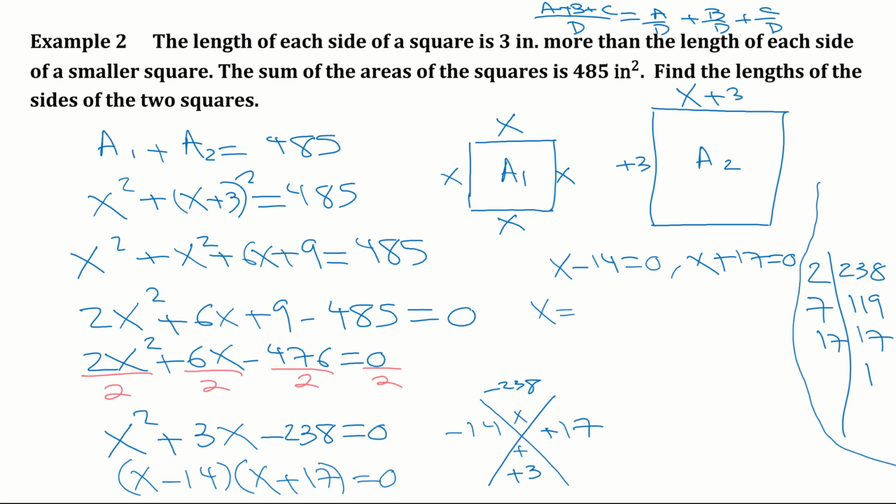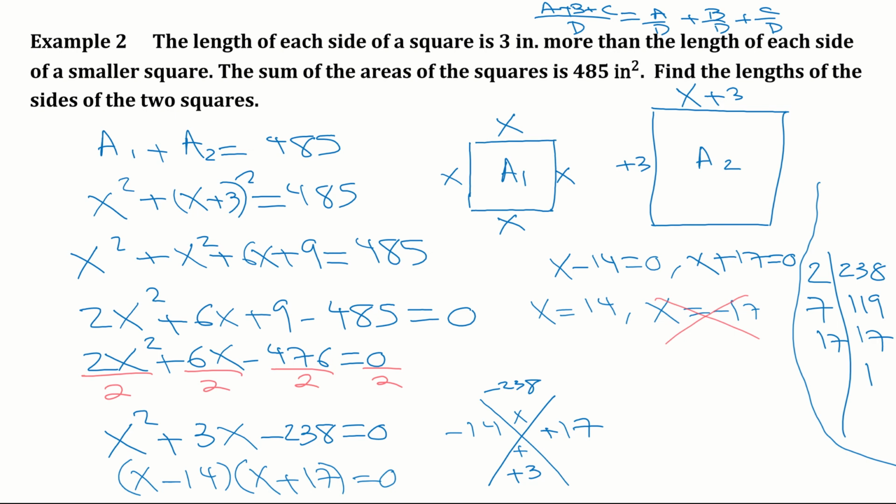Now, that gives me x equals 14 or x equals negative 17. Real life problems put restrictions on our answers, right? Like the x is the length of a square, can't be negative, right? So again, we reject that negative answer. We only accept the positive answer, so 14.